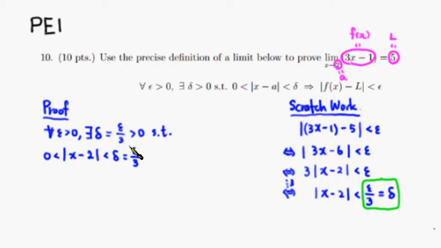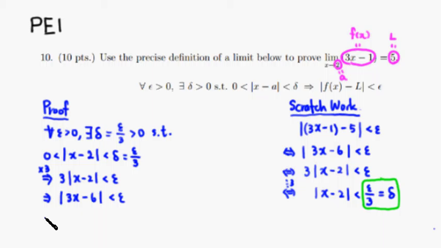Then this would imply, by multiplying both sides by 3, that 3 times absolute value of x minus 2 is less than epsilon. Then distribute the 3 inside, and you get absolute value of 3x minus 6 is less than epsilon.